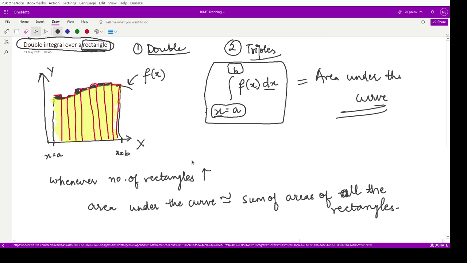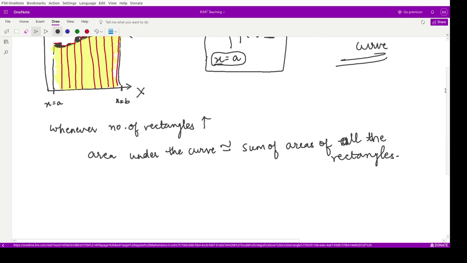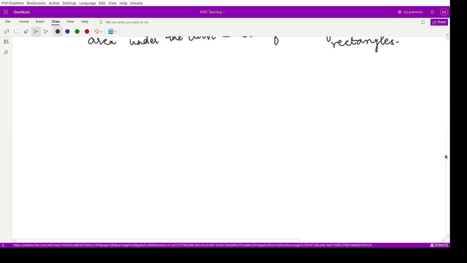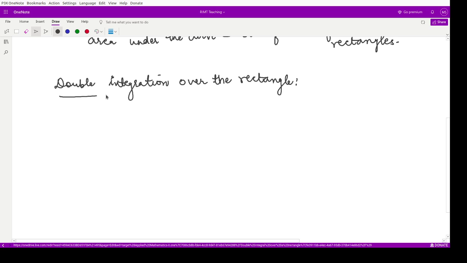In this case, your region is a rectangle. So what would be the integration? The double integration over the rectangle, what would this be? This would simply be the integration.